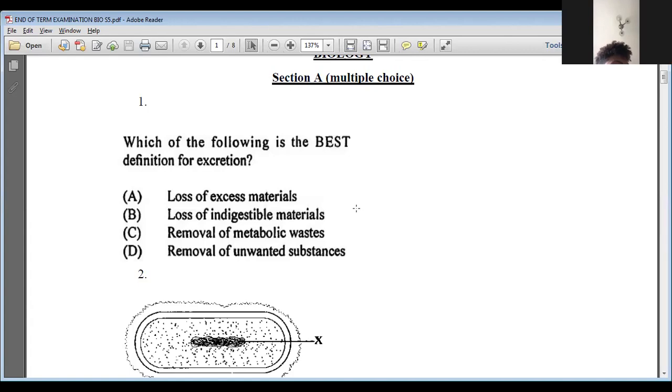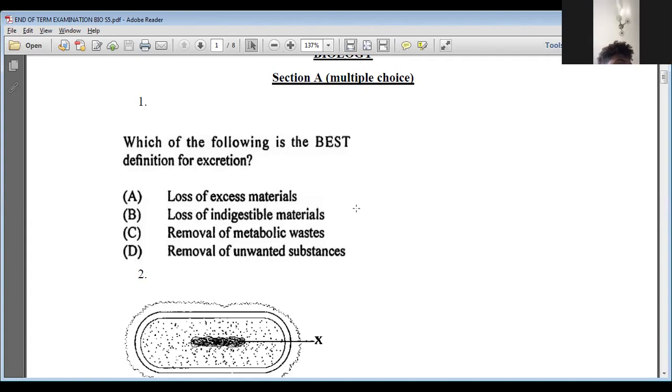Now, the first question says, which of the following is the best definition for excretion? All right, now let us look at A. A says loss of excess materials. B says loss of indigestible materials. C says removal of metabolic waste.